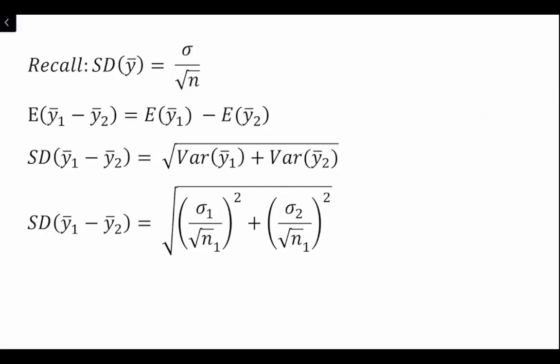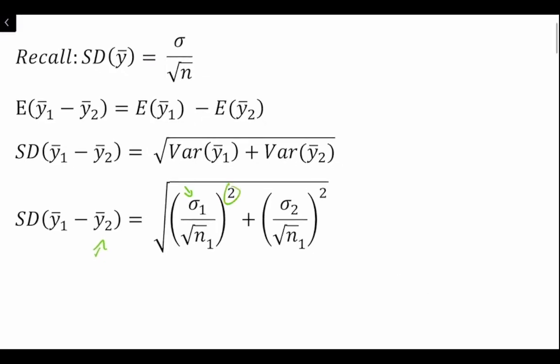Now, when we're working with our samples, the standard deviation of y bar 1 minus y bar 2 is equal to the square root of sigma 1, the standard deviation of our population 1, divided by the square root of n1, the sample size of our first sample, all squared to get our variance. Remembering that our standard deviation is equal to sigma divided by the square root of n, our variance is equal to our standard deviation squared.